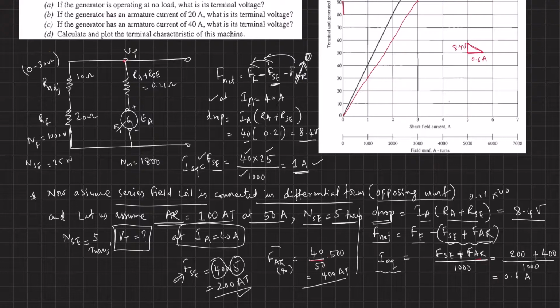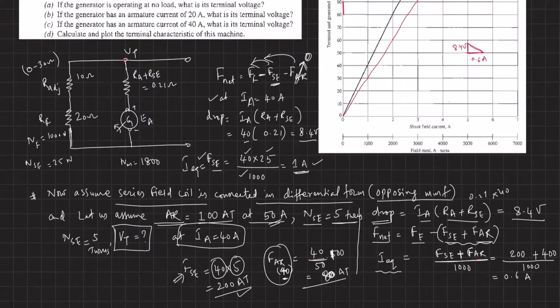And the armature reaction at the current loading condition of 40 amps, given 100 ampere turns at 50 amperes of loading, is 40 by 50 into 100, so it comes to 80 ampere turns, right?